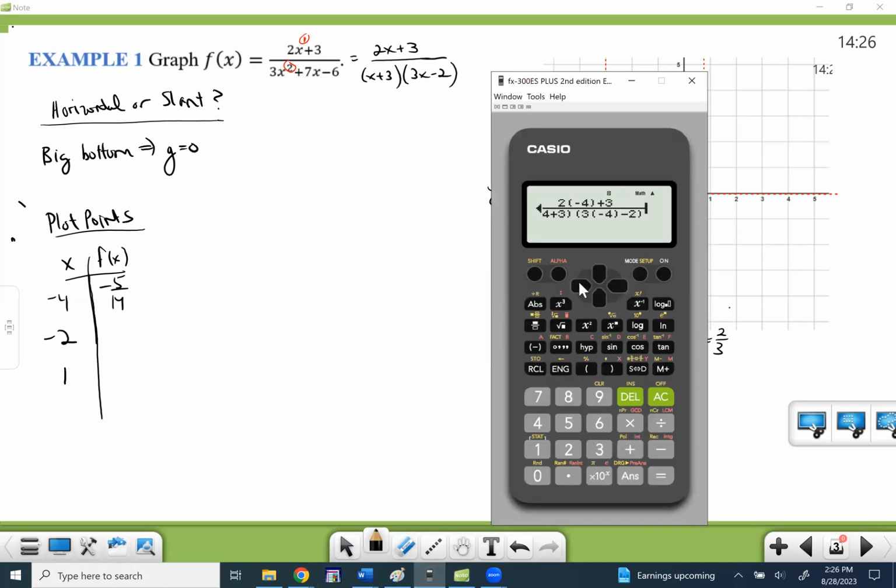Okay, now I want to substitute 2 in. So I'm just going to go in, and wherever I had a -4, I'm going to put a 2. Okay, then let's go ahead and hit equals. I'm getting 1/8.